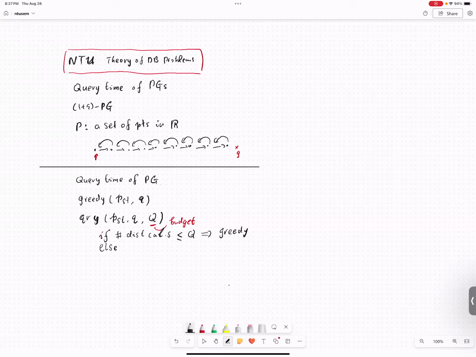With this understood, next we will start to analyze the query time of disk ANN. In the previous two seminars, we have talked a lot about this interesting method.